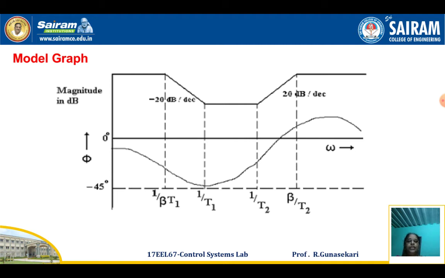And then below that we calculate the transfer function: 1 by T1, 1 by T2, beta by T2, 1 by beta T1. All the values we get from the frequency response of the lag lead network.